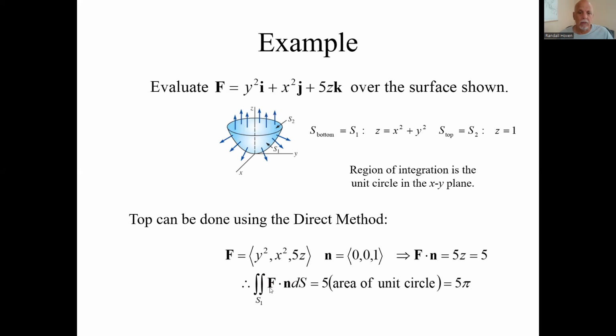You can pull that out of the integral. You're left with the area of the surface, and that's just the unit circle. So the flux out of the top is 5 pi, and it is upward. The convention was upward, we got a positive number, so the flux out of the top is upward.